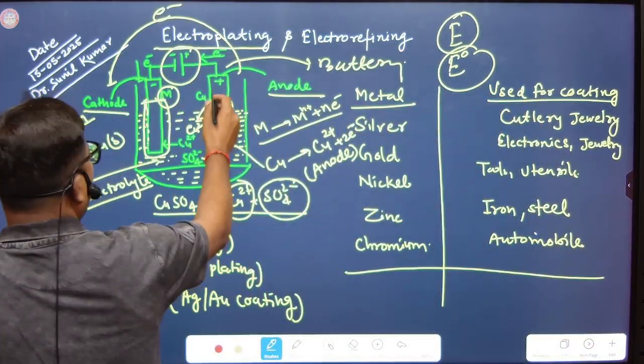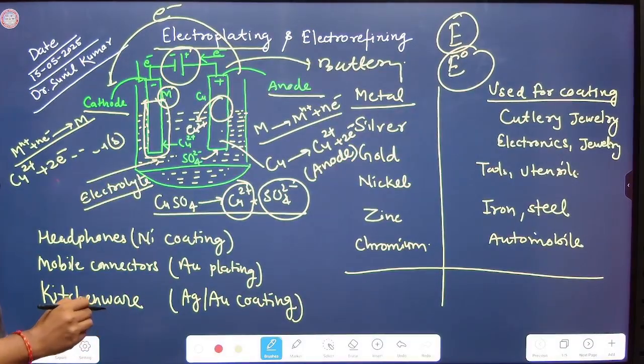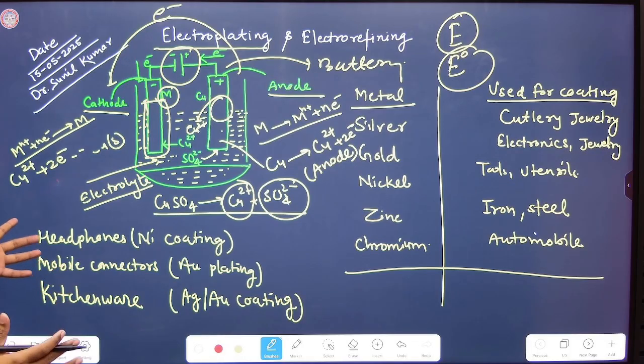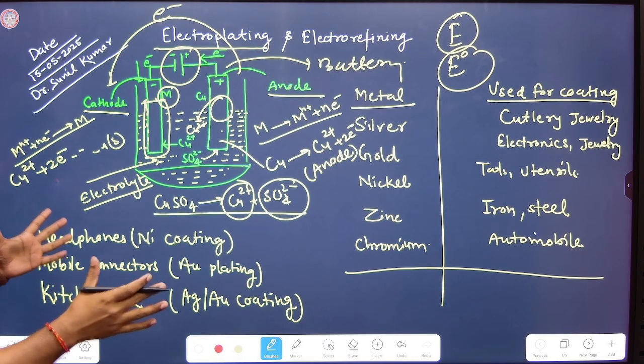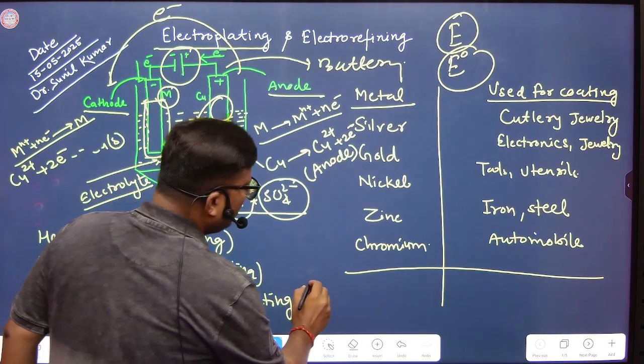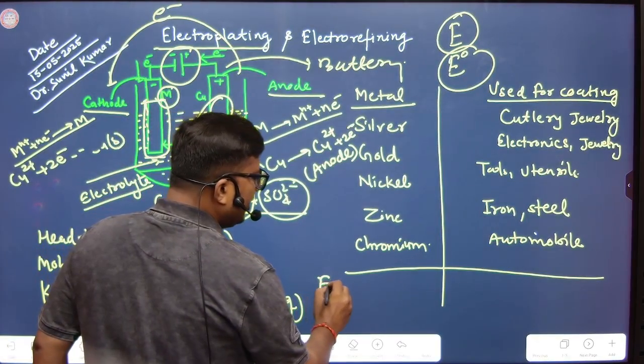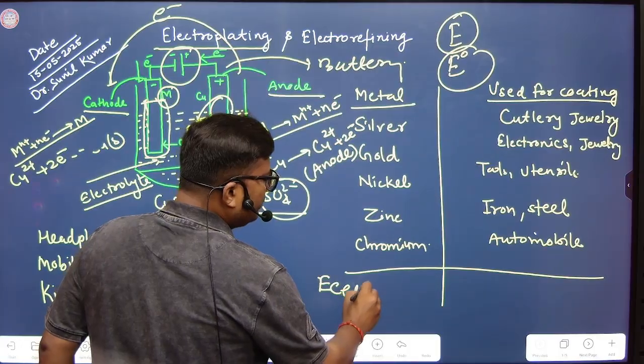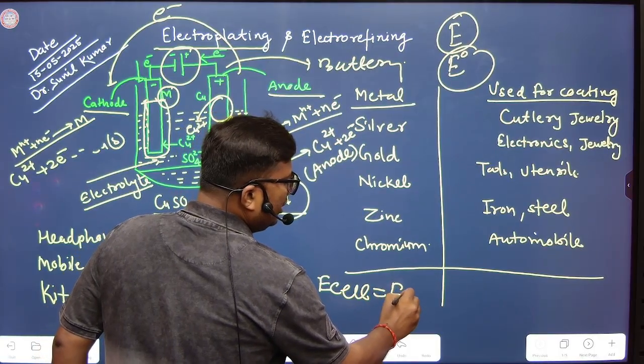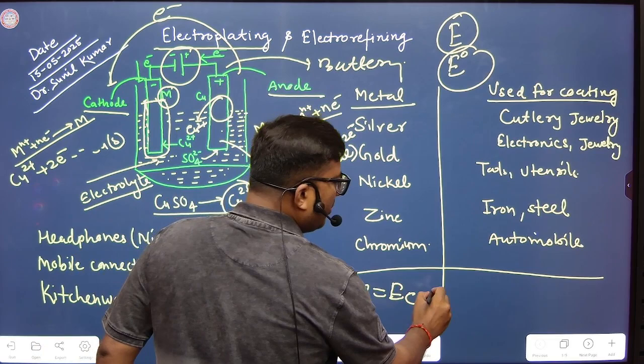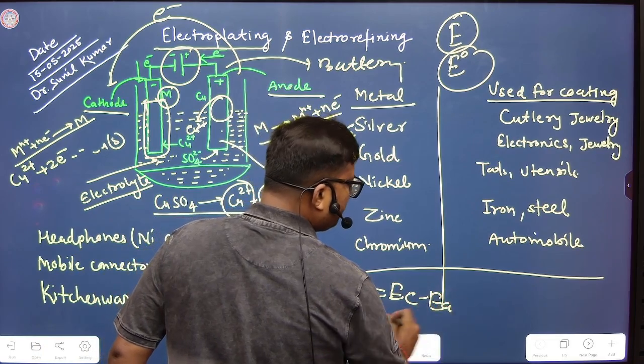So cathodic potential and anodic potential are generated and they construct an electrolytic cell, and the resultant potential, that is, E cell, is equal to E cathode minus E anode.